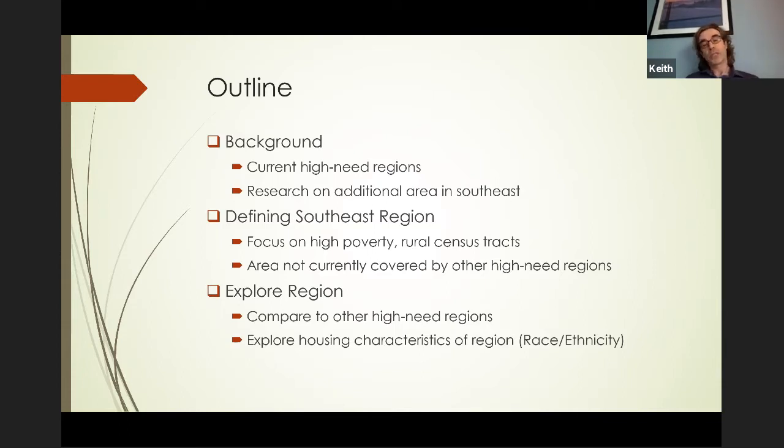We're going to focus, as we usually do at HAC, the Housing Assistance Council, on high poverty rural census tracts, and on areas that aren't currently covered, that aren't part of the Lower Mississippi Delta or Central Appalachia. Then we'll talk in brief, mainly descriptives, about how this area relates to other high need regions, and also some of the housing characteristics, just to describe in general terms the differences that exist.